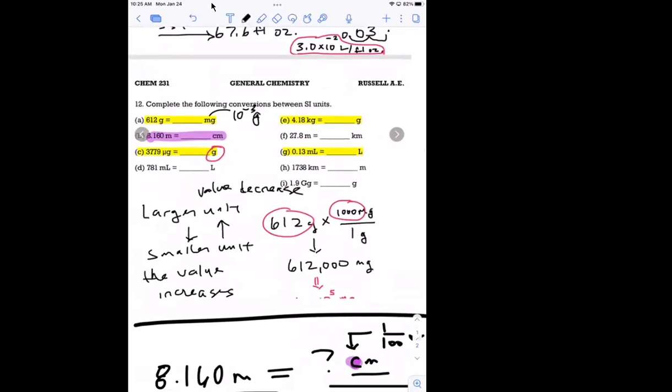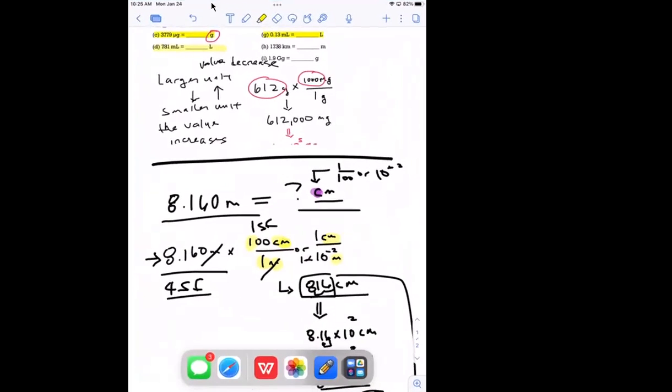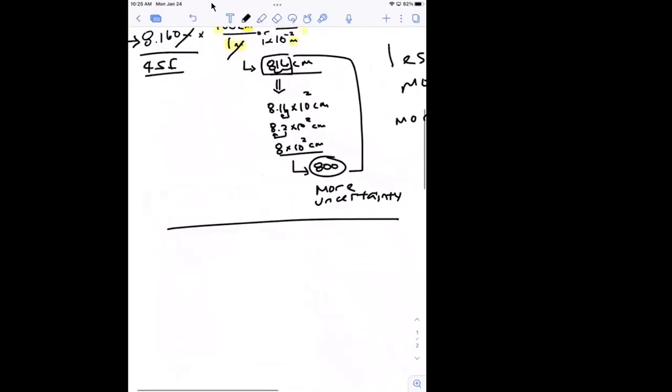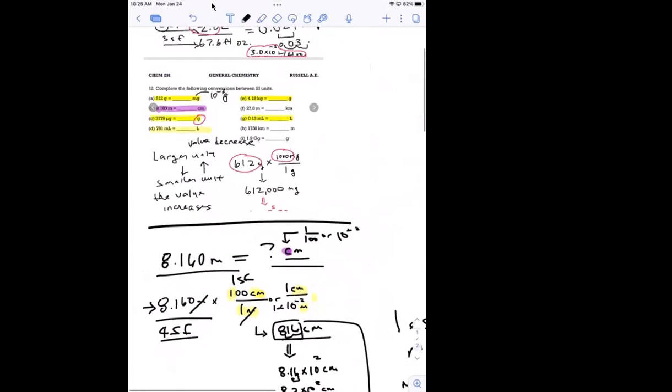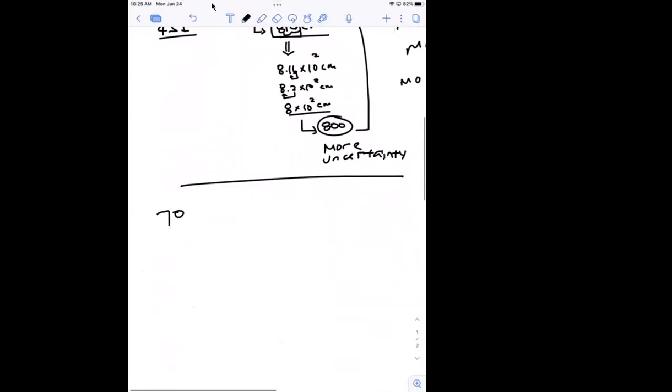Let's do D, milliliters to liters, because again, this is practice. We're tying in sig-figs, units, prefixes, all of that stuff, and conversion factors, all at the same time. All right. So we're doing what is it? 781 milliliters to liters. All right. So what I want you to notice first is you're going from a smaller unit to a larger unit.